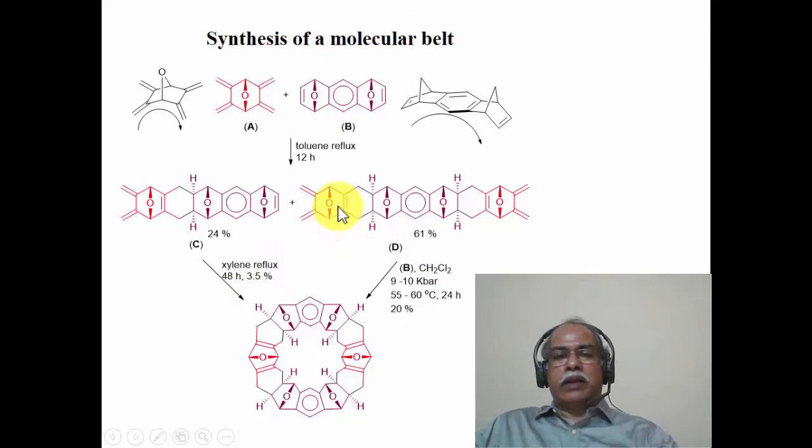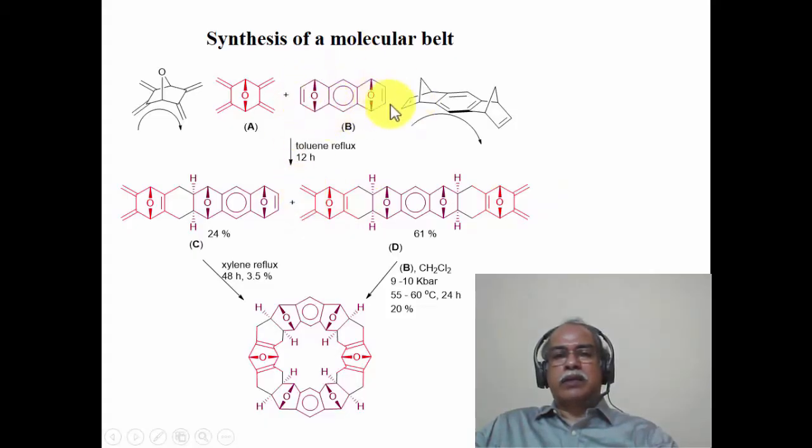On the other hand, if one takes this molecule and treats it with a further one equivalent of the compound B, it can undergo Diels Alder reaction on this side as well as on this side. Because this molecule already has a large curvature, it can undergo cyclization, a double Diels Alder reaction on either side of the molecule, which are behaving like diene, with this molecule which is behaving like a dienophile.